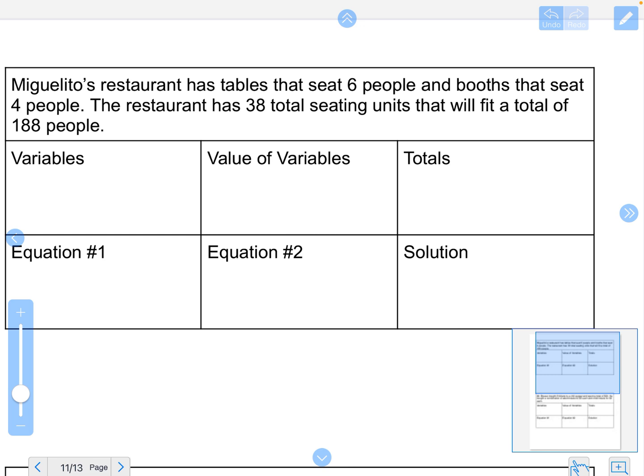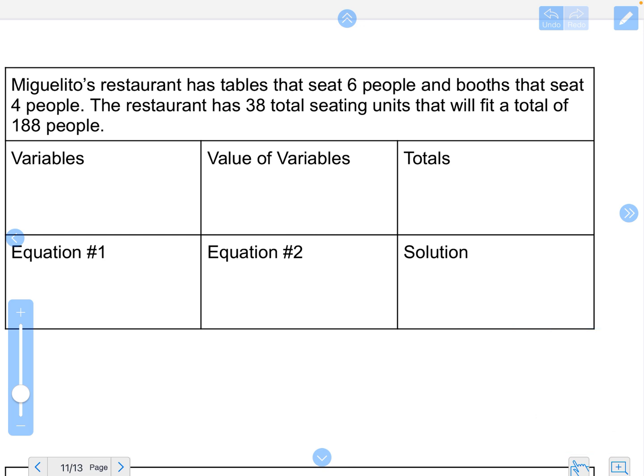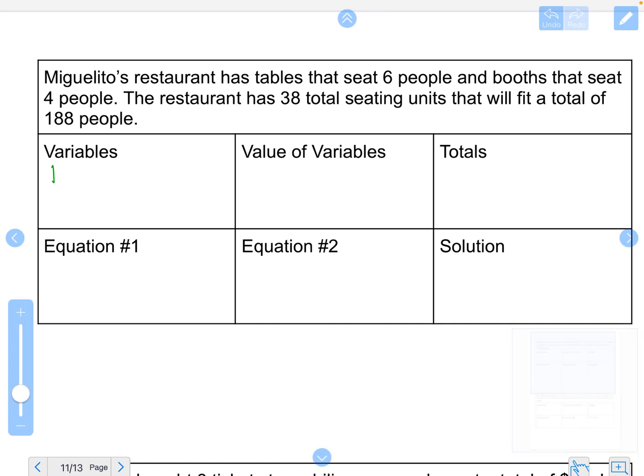All right. Miguelito's restaurant has a table that sits 6 people and booths that seat 4 people. The restaurant has a total of 38 seating units that will fit a total of 188 people. So our variables are going to be tables and booths, because those are the different types. Those are the 2 different things it's talking about.